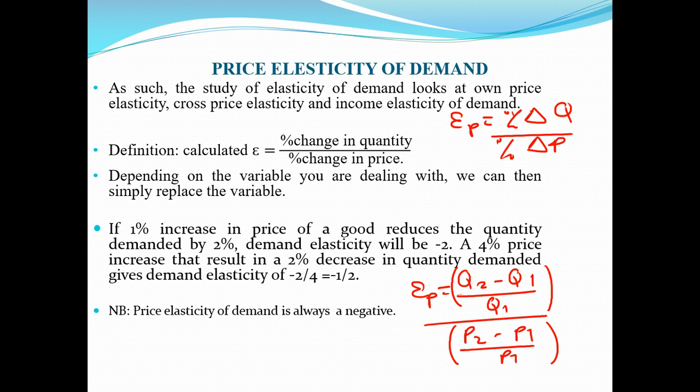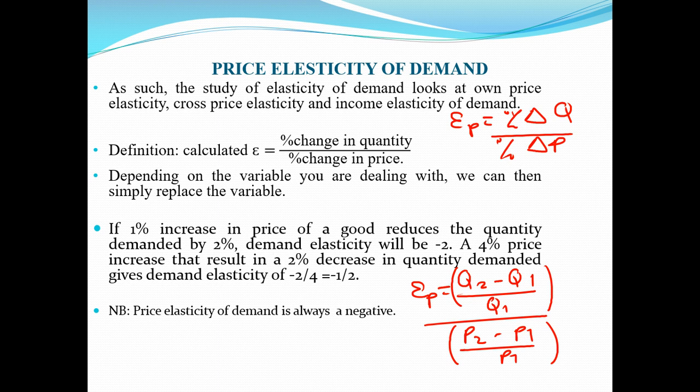So in short, with elasticity, we want to understand that if we change price by this percentage, how is that going to affect quantity demanded? By how many units will quantity demanded fall or increase as a result of a change in price?